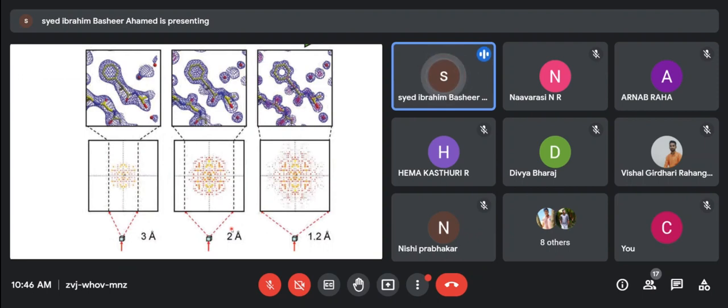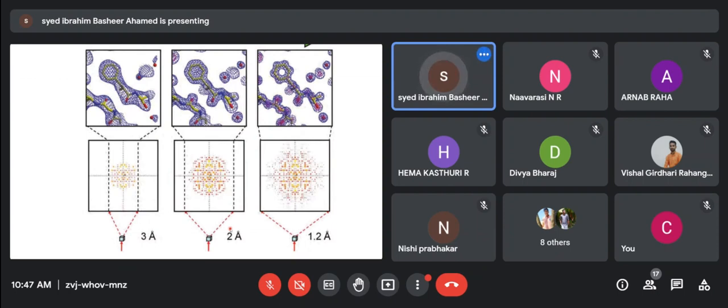Atomic size is like 1 angstrom, 2 angstrom, 3 angstrom, very small. When you want to magnify an object at the atomic level and see it, if the resolution is not clear, you will see the object only approximately. When you have very high resolution, then you can say atomic level arrangement.